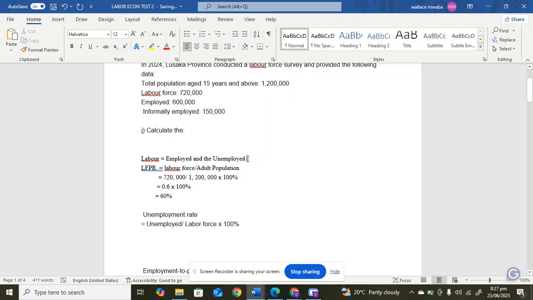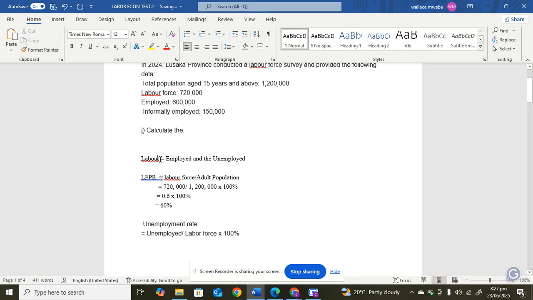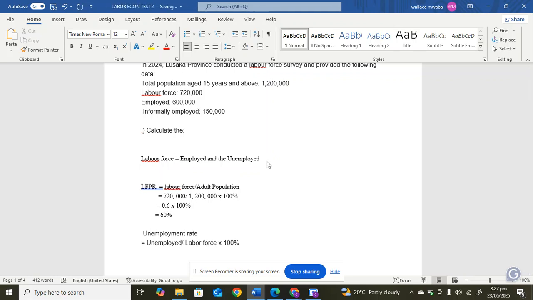And as I told you, the labor force consists of the unemployed and the employed. So to get our unemployed, it's basically just your labor force minus the employed.